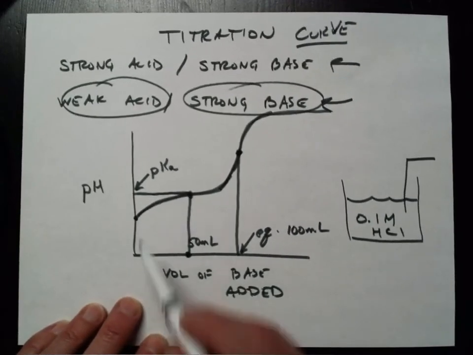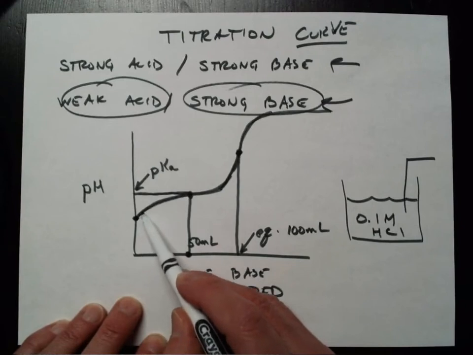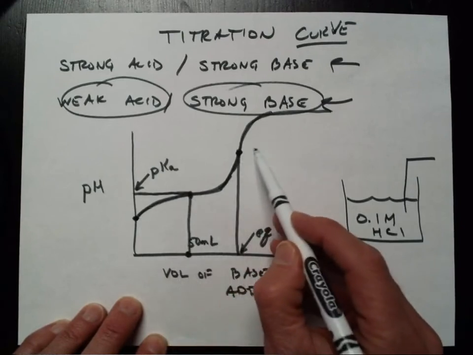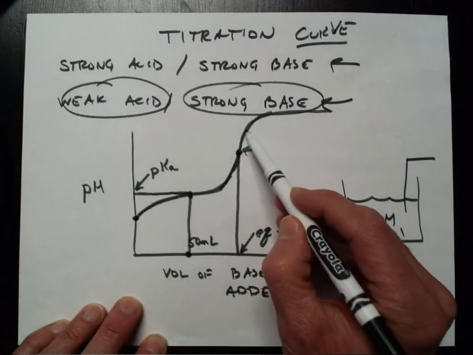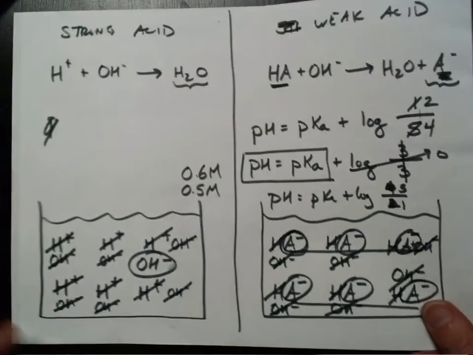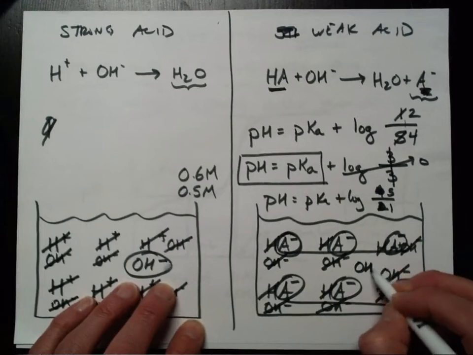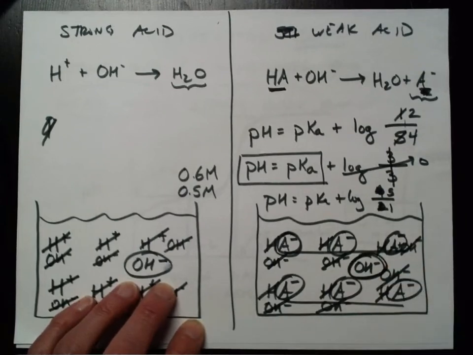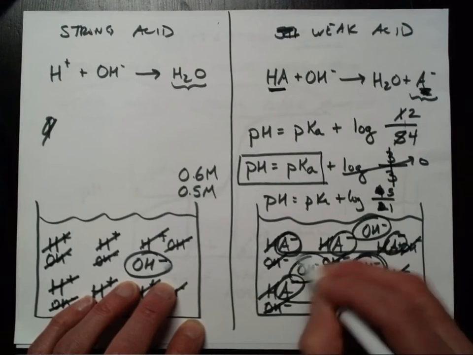We have looked at this region of the curve. We've looked at this region of the curve. And now we've just looked at equivalence. Now we have to look at the case where we're past equivalence and we continue to add hydroxide. So in this case, we're past equivalence, and if I add more hydroxide, that hydroxide survives. There's nothing there to react with it, and it just starts building up.